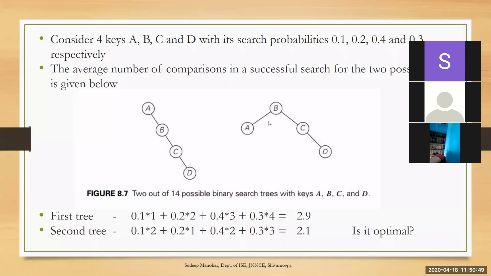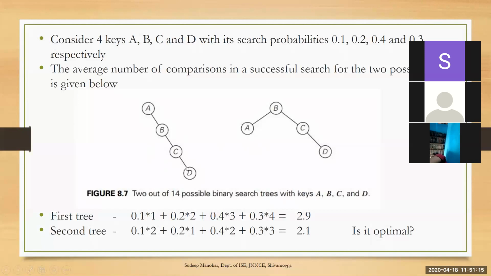Whatever you are seeing in the diagram is only 2 trees out of 14. The first diagram, A, B, C, D, is a right skewed tree, and in this diagram the root is B, and the children are A, C, and D. These are only 2 trees we are considering as examples.